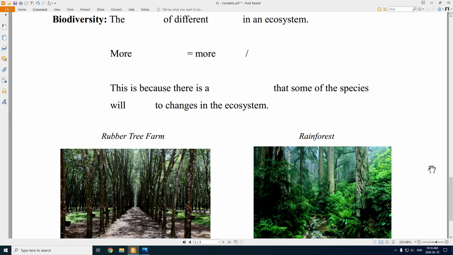All right, last thing that we're going to talk about is biodiversity. This is a pretty important one. So what is biodiversity? Biodiversity is the number of different species in an ecosystem. Okay, so if you think about the lake that we were just talking about, right? There was a number of different species there.